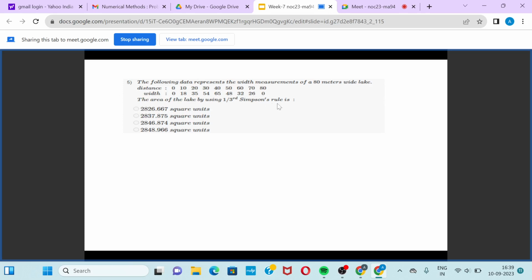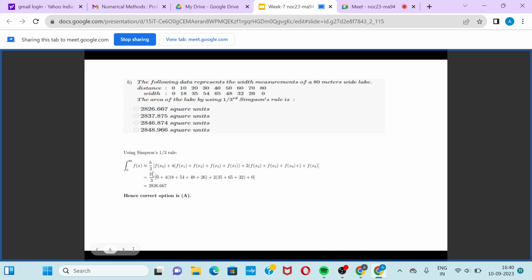As we have to calculate the area, and we have been given distance and width, we have to just sum up this width at these particular nodes, that is we have to calculate the integration of this width, right? So take this as function value at the nodal points x0, x1, x2 and so on. We have to calculate the area of the lake up to a distance of 80 meters, right? So integrate from 0 to 80 of f of x.